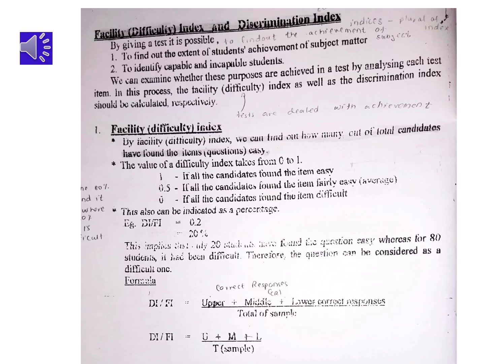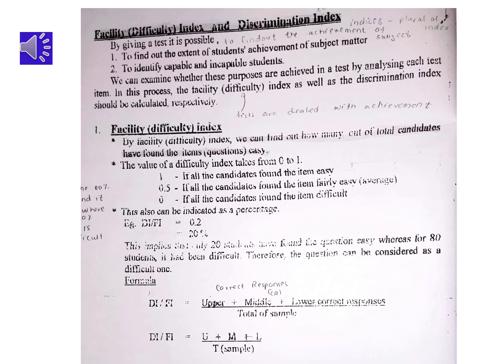Now here it is facility or difficulty, but when we get that particular value, first we interpret the facility one. For example, if the index is 0.8, we can say 80% of students have found the question easy, whereas 20% of students have found the question difficult. So first we have to get the easy part.